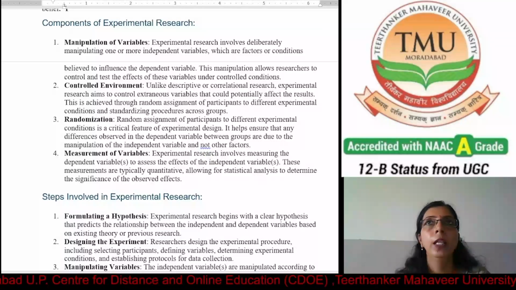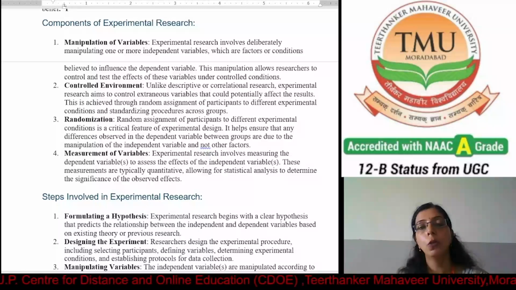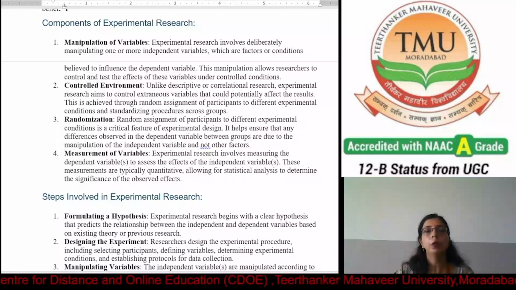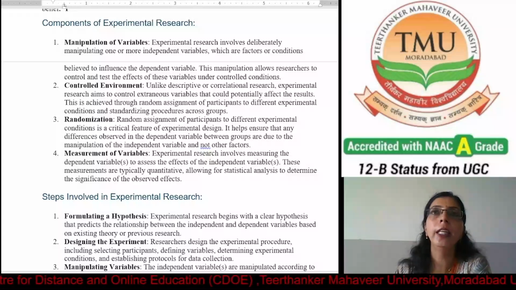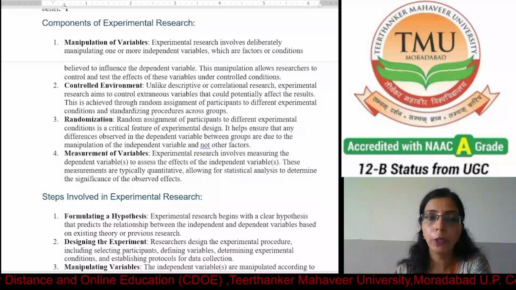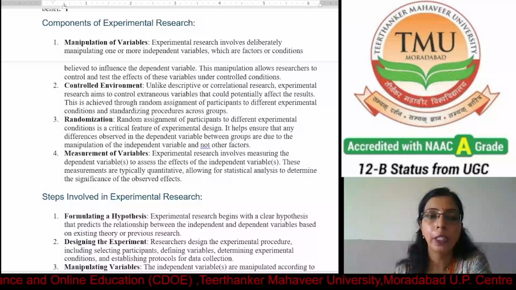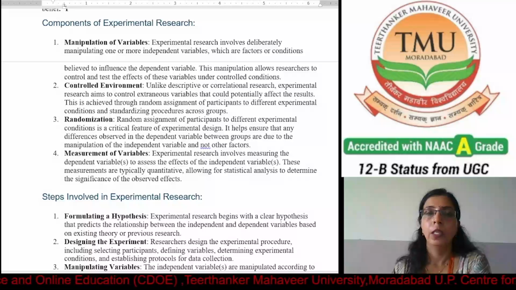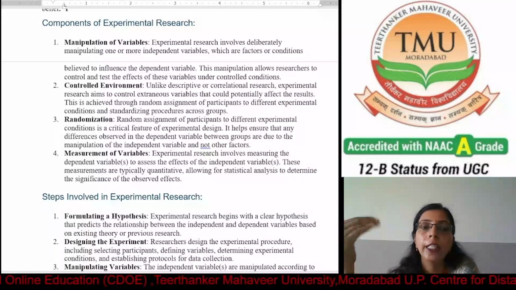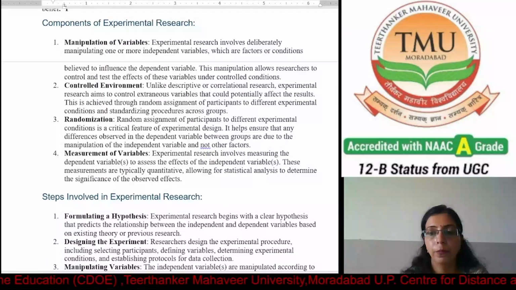So first of all, what comes to our mind is what is validity, or what do we understand by the term validity. We need to be clear about this. Validity in research is referred to as how accurately a method measures what it intends to measure. So, it is called validity.